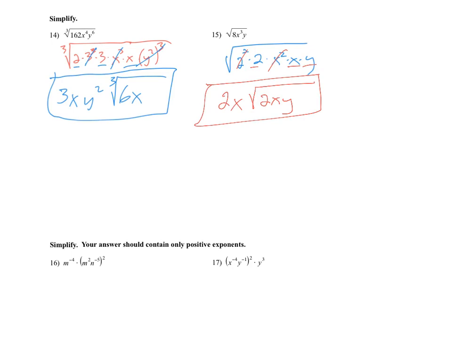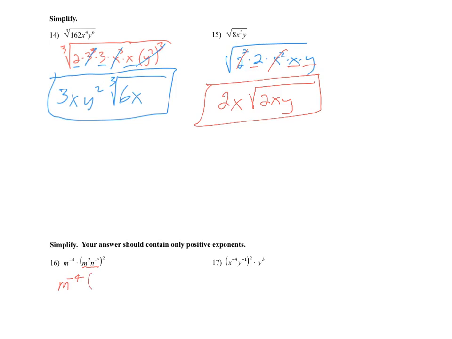Got that. Okay, so in this one it says simplify, your answer should contain only positive exponents, meaning we have to get rid of these negative exponents. We have to go through these things in order. This monomial raised to the second power means we're squaring everything in here. So this m to the minus 4 is just going to stay.